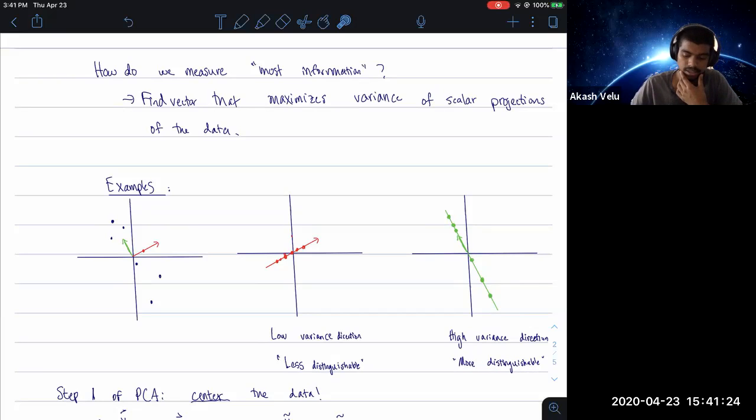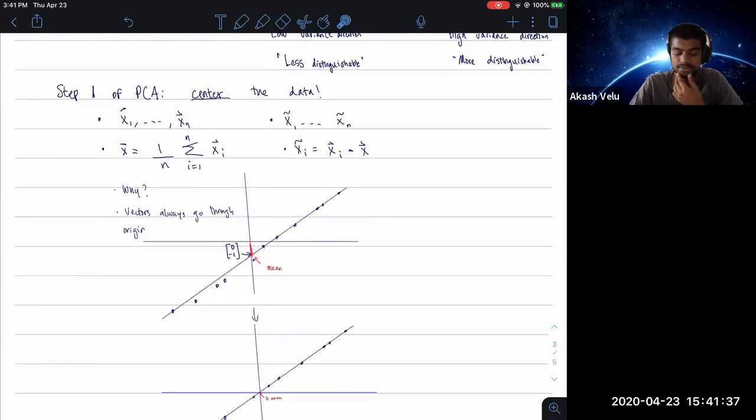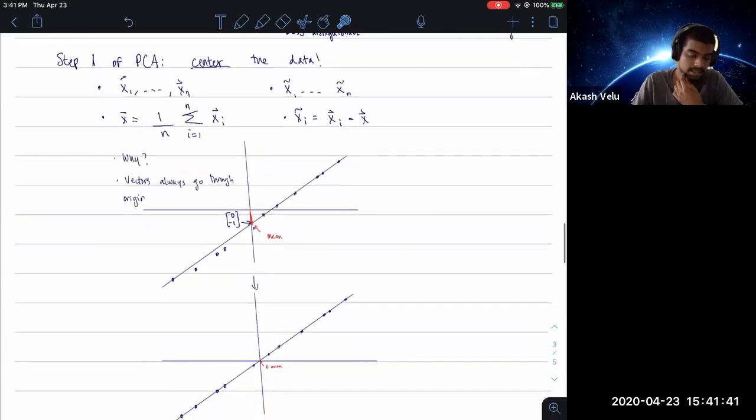Now the question becomes, how do we mathematically find the green vector? Up till now we were just looking at the data, but now we want to find a mathematical way to do this. That's what we did in the end of the video, where we figured out that first we need to center the data so that both the data and the vector we are finding can go through the origin.